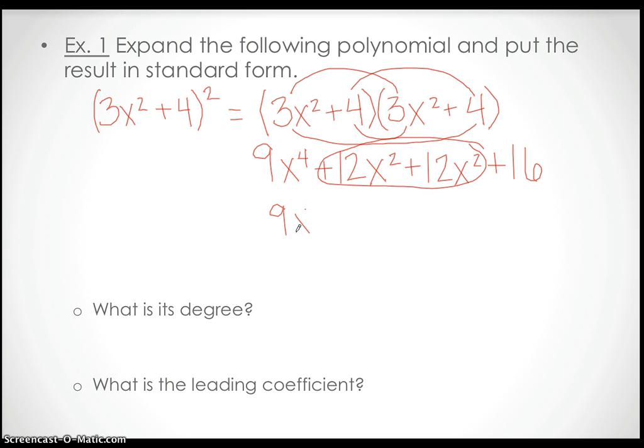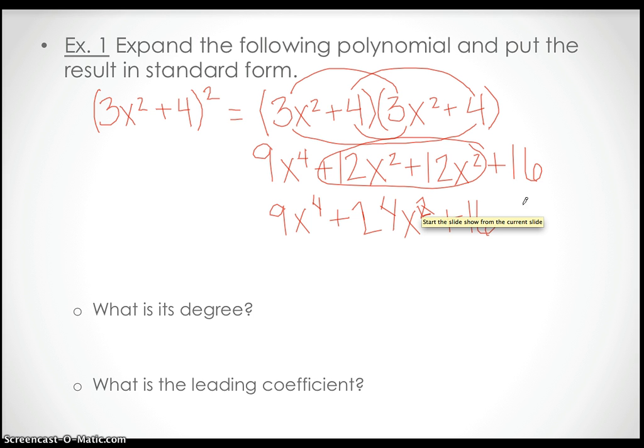So 9x to the 4th power, plus 12x squared plus 12x squared is 24x to the 2nd power, plus 16.